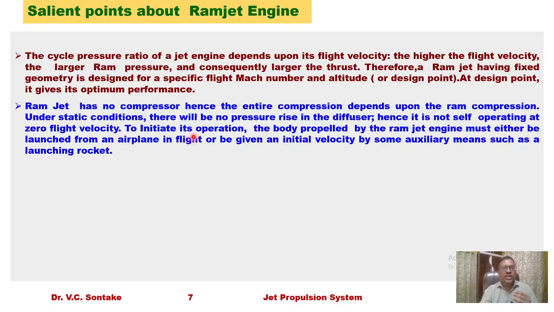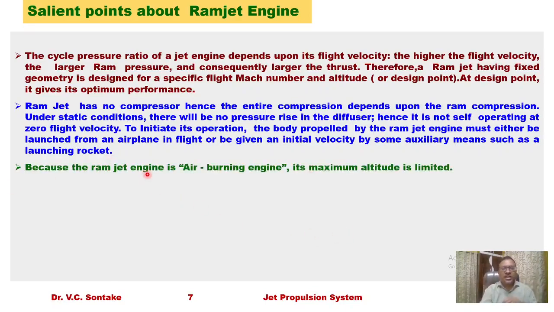To initiate its operation, the body propelled by the ramjet engine must either be launched from an airplane in flight or be given an initial velocity by some auxiliary means such as launching rocket. So it has to be initially launched from some moving object to initiate the different processes taking place in the ramjet engine.